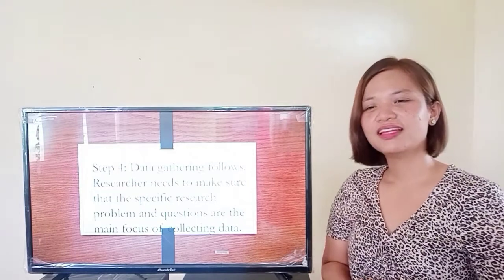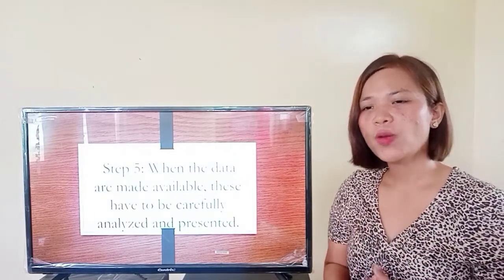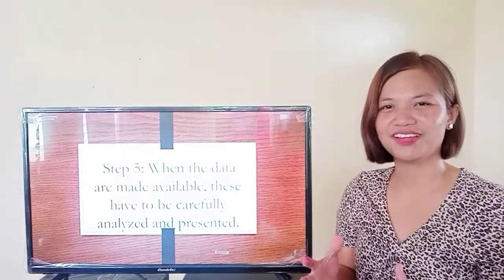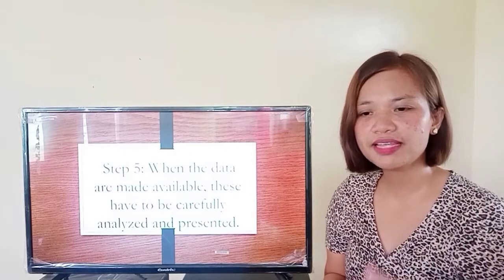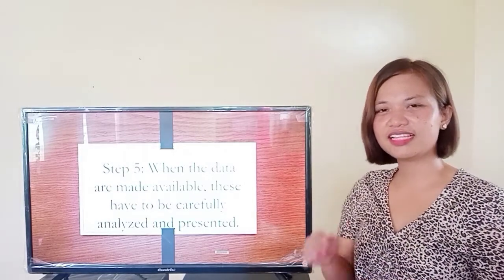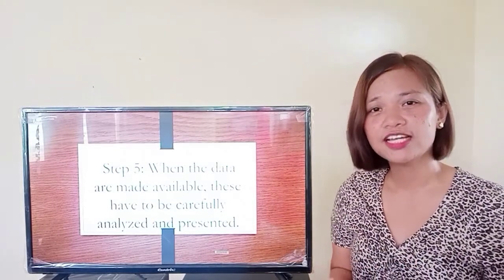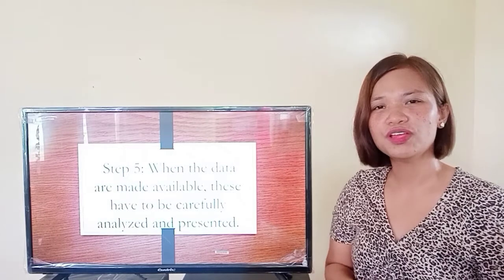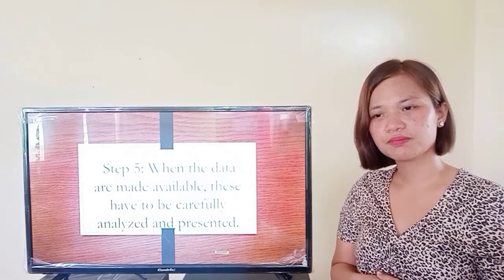Sige. Next. Let's have step number 5. When the data are made available. Okay, yan dyan na. Marami ka ng mga data. These have to be carefully analyzed and presented. Yan. That's the time na magkakaroon ka na ng thorough analysis dun sa mga nag-gather mong information. Alright, sige.